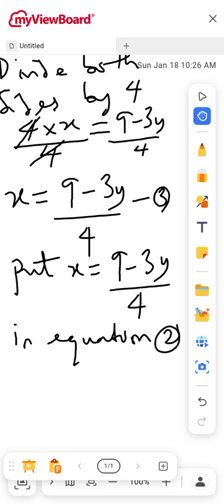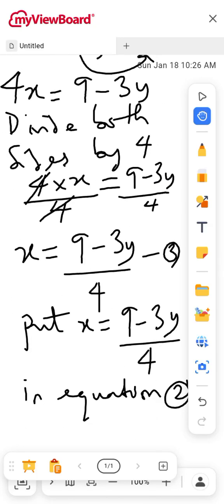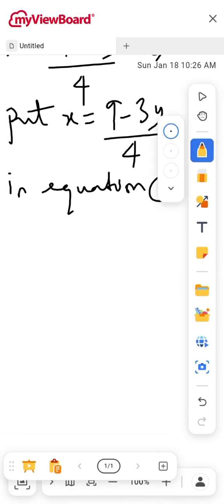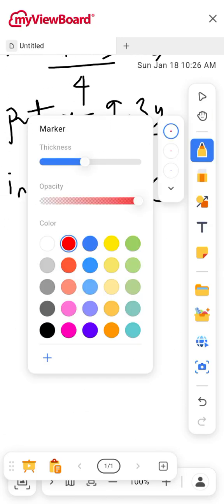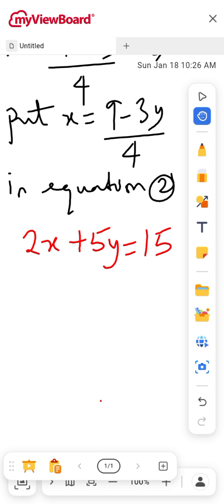Anywhere I see x, I will put equation 3 there. That is why it is called the substitution method.